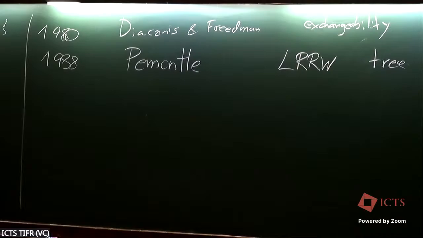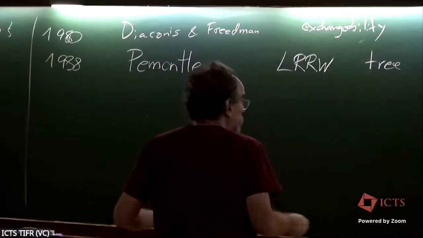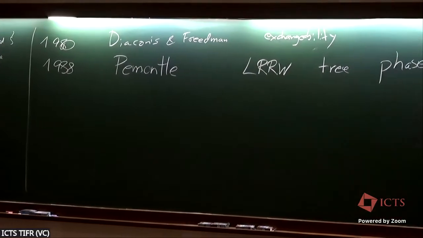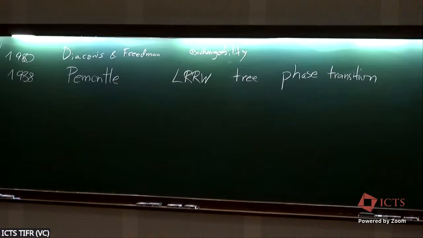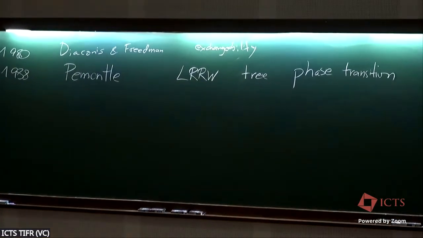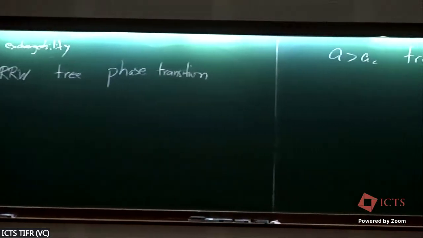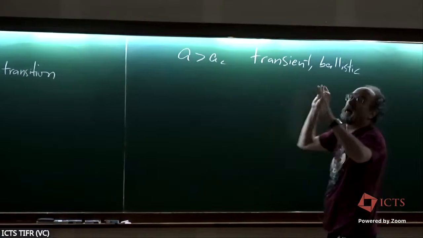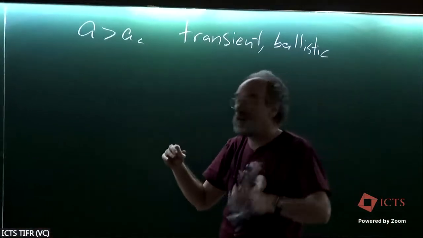Of course, there's only one parameter here, A. So he shows the phase transition in A. And the behavior is quite interesting. So if A is bigger than some critical A, then the walk is transient. In the case of a tree, even ballistic. Basically, it doesn't look much different than a random walk. It's not the same, but it doesn't look much different.